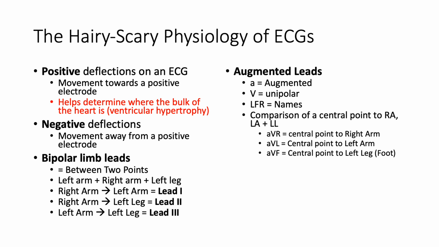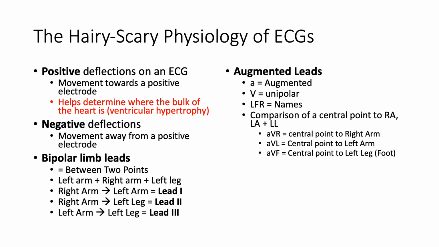So a positive deflection on an ECG is movement towards a positive electrode. You don't really need to know what positivity or negativity the electrodes are, but just knowing that if it's up, it's moving towards that electrode. And that can really help you with knowing where the bulk of the muscle is.